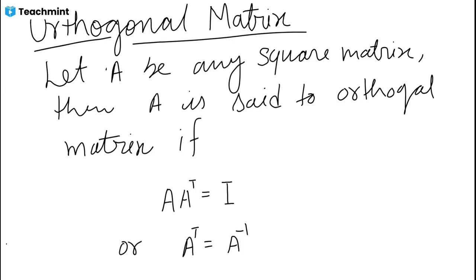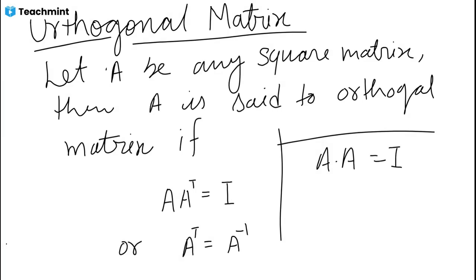And next is nilpotent matrix. When we multiply a matrix by itself, then we get a null matrix as a result. Then the given matrix is said to be a nilpotent matrix. For idempotent, if we multiply A, we get A back, and we can multiply as many times, still we'll get the same matrix.